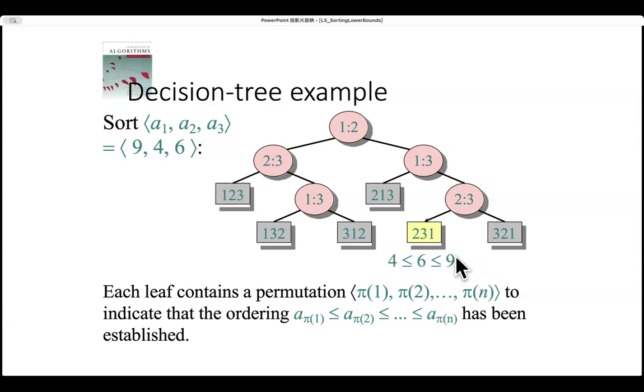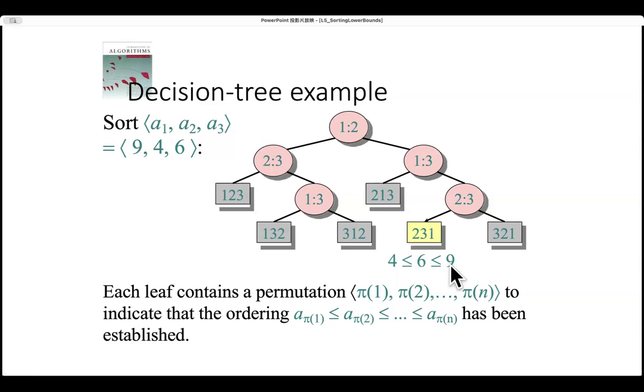So this is correct. So you see this decision tree can be used to represent all different configurations of your input sequence.